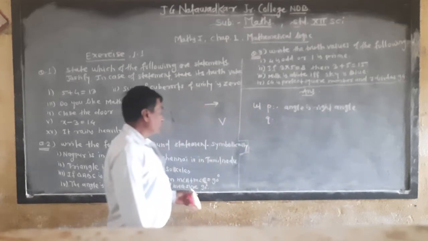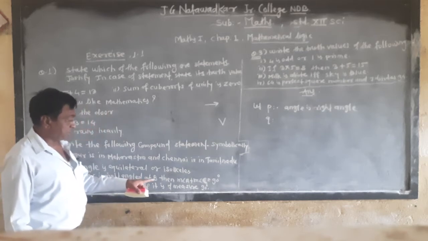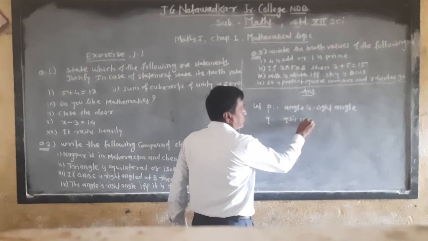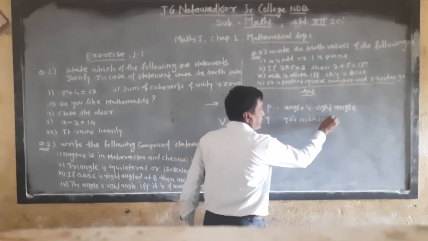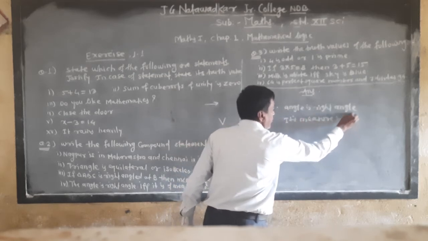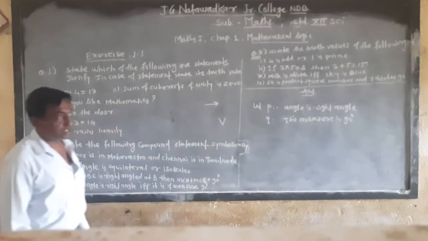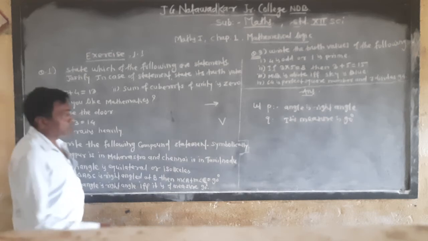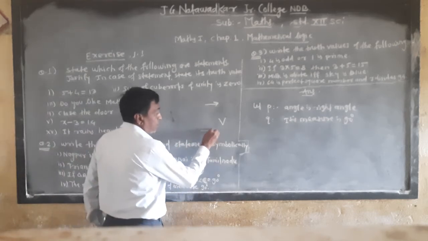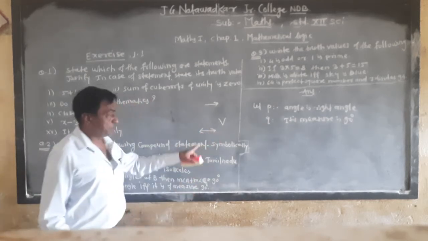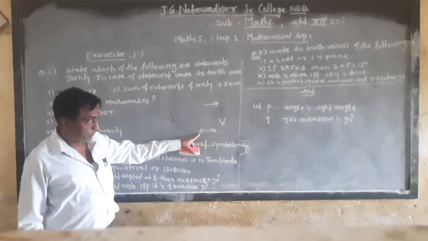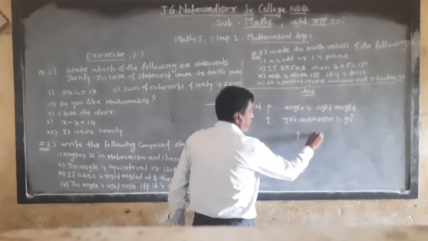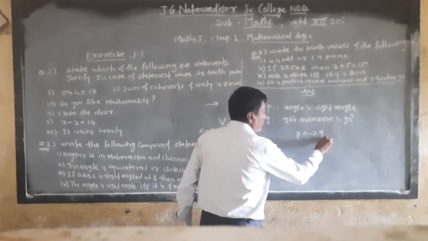And I will consider the Q statement as: its measure is 90 degrees. Now both statements are connected by the connective "if and only if". The symbol for "if and only if" is the biconditional, otherwise both-way implication, and its symbol is a double-sided arrow like this. So our required symbolic form is P biconditional Q. This is the required answer.